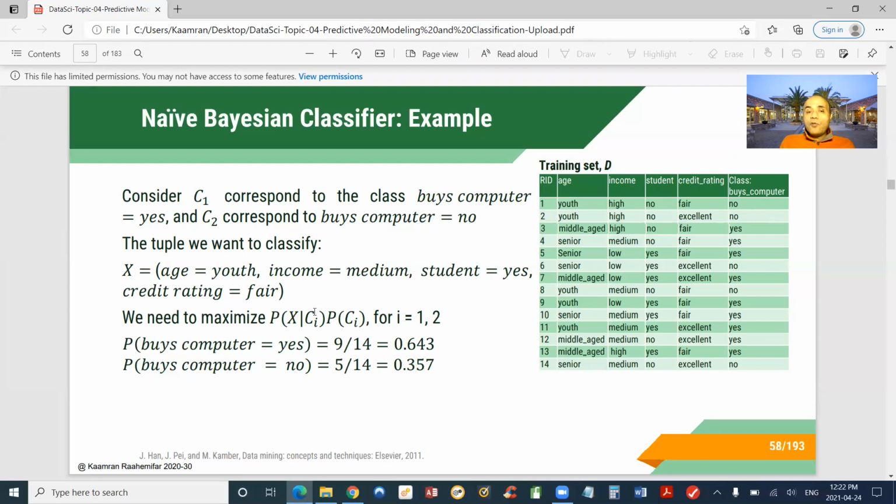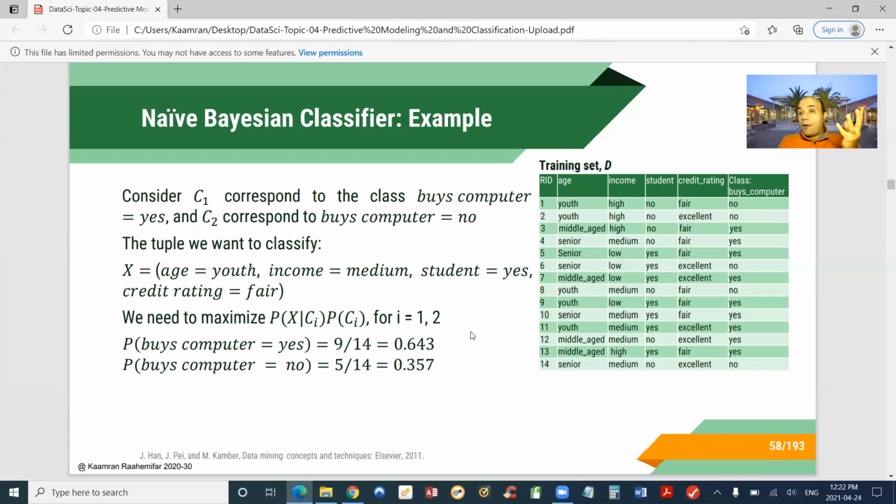So we want to see which one weighs more. Will you buy or will you not buy? If you have these attributes with these values, are you more likely to buy or not to buy? I need to know that.